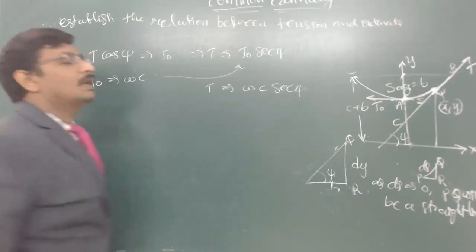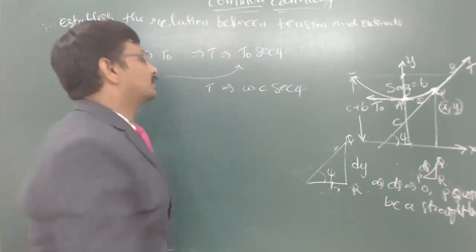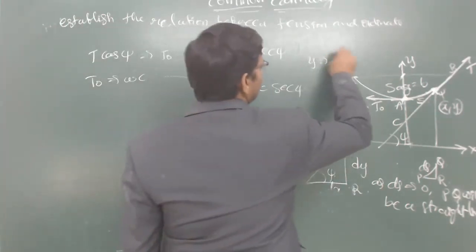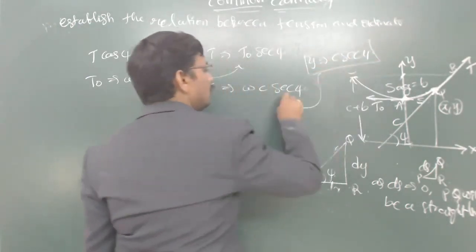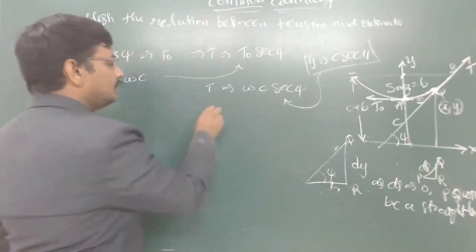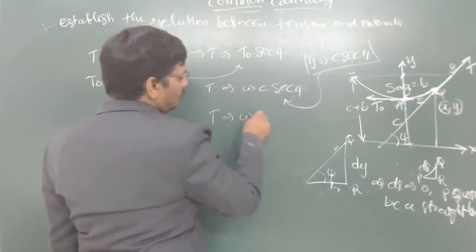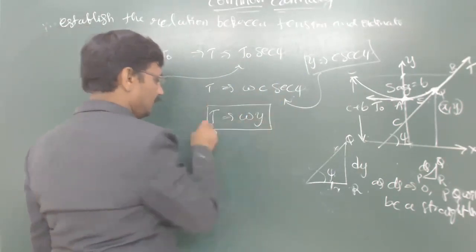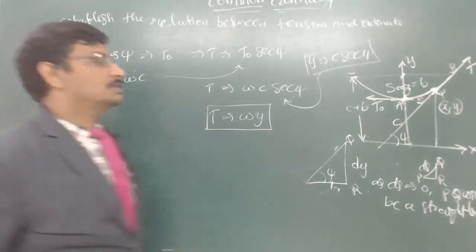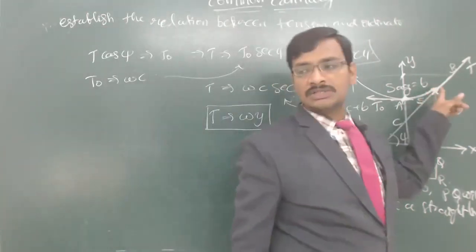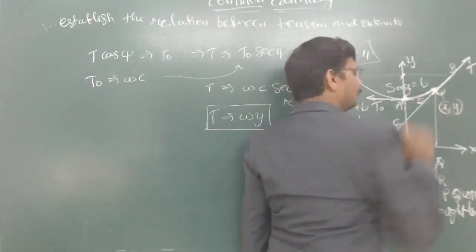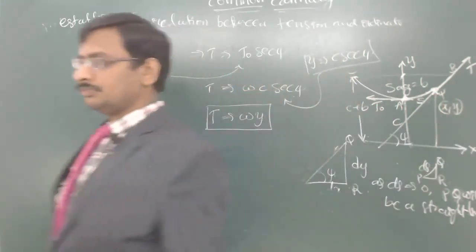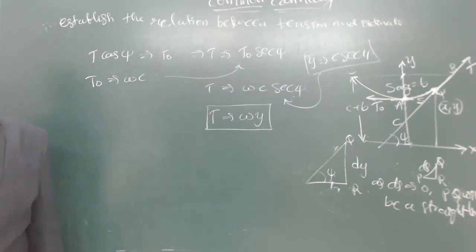And we have recently established one more relation: y is equal to C secant psi. So this is the new relation we have established. Now if you replace it here, then T is going to be W into y. So this is a very important relation. At any instant, the tension on the string is nothing but the weight per unit length multiplied by this height. Got it?